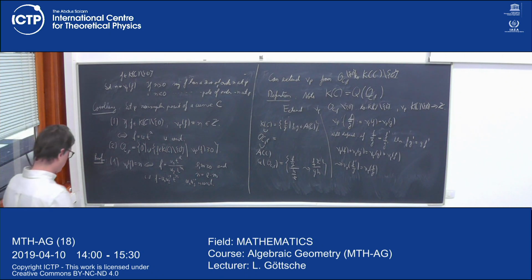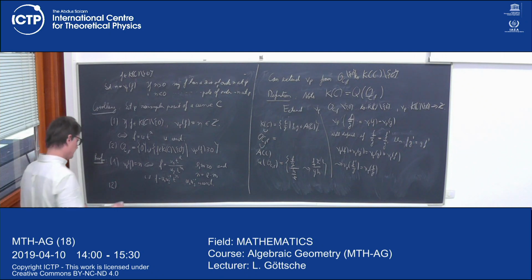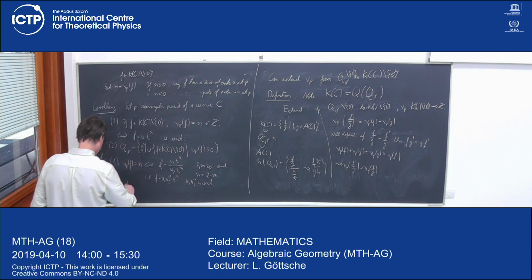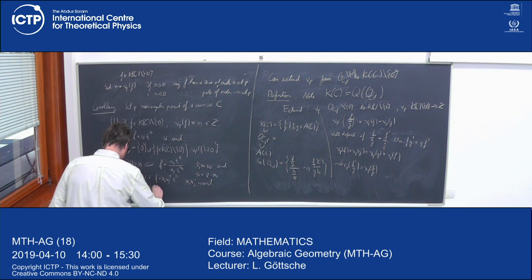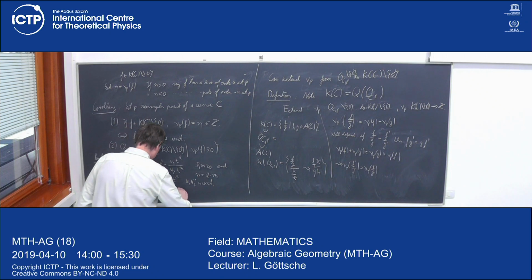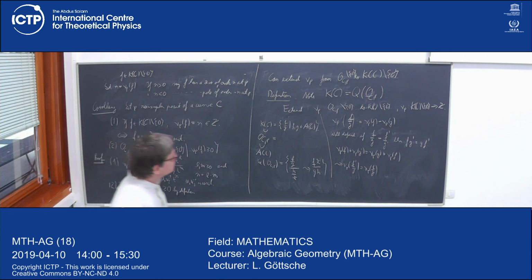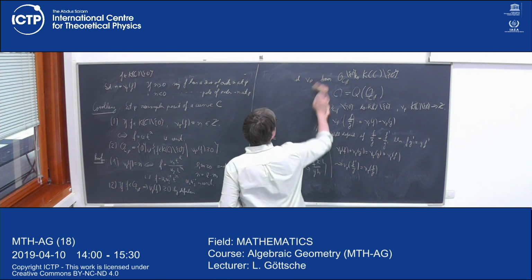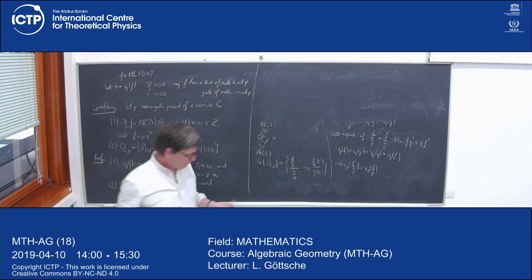For the second statement, by definition, if f is in the local ring, then nu p of f is bigger or equal to 0. Conversely, it's almost the same.